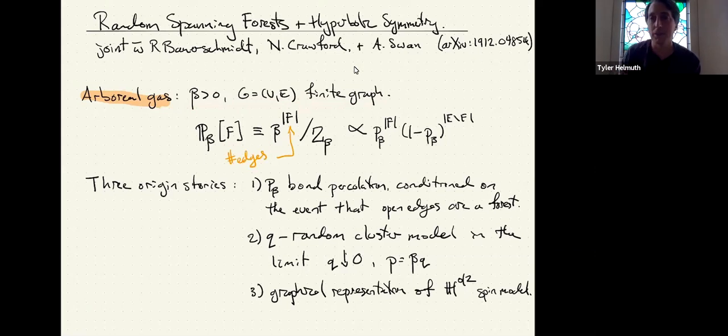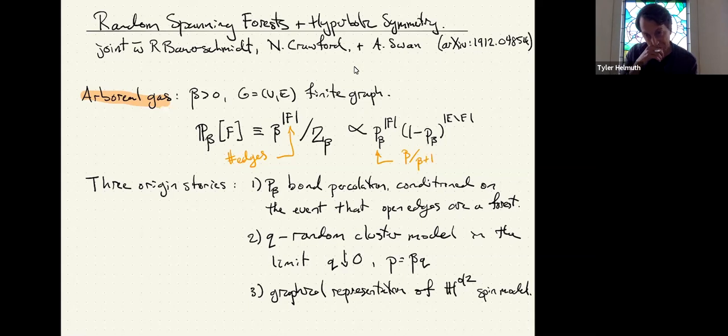Okay, so every forest with K edges appears with probability proportional to beta to the K. And if you want, you can rewrite it in terms of this quantity P beta, which is beta over 1 plus beta. So this rewriting in the second line is just pushing symbols around.